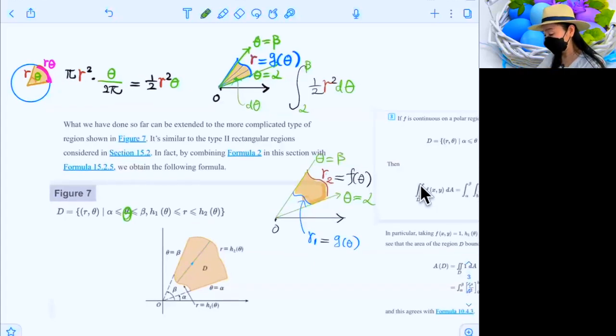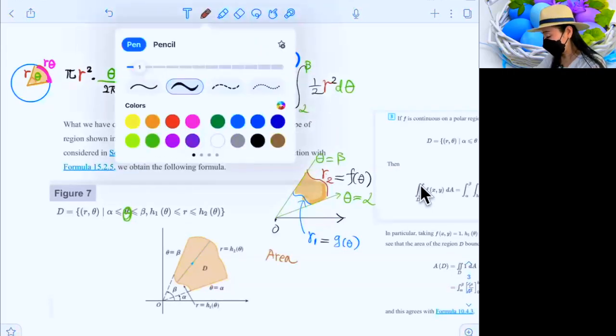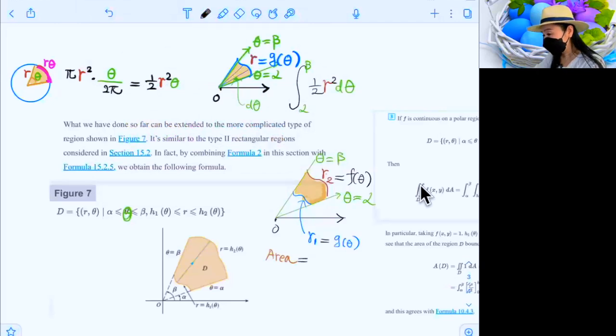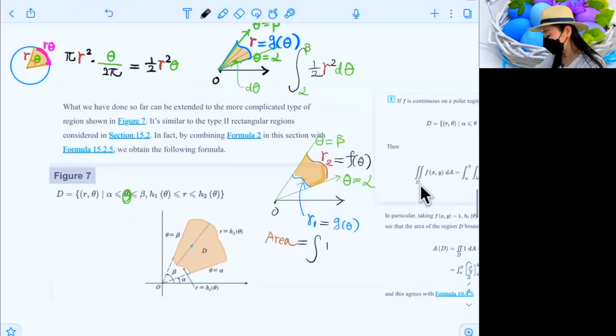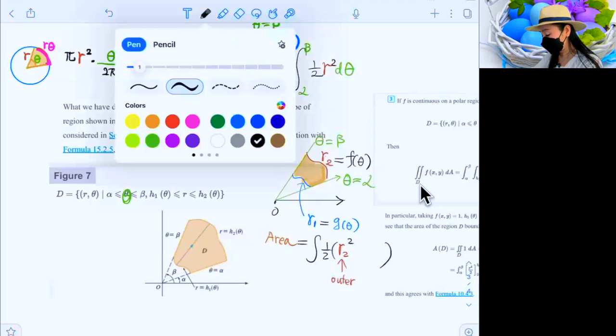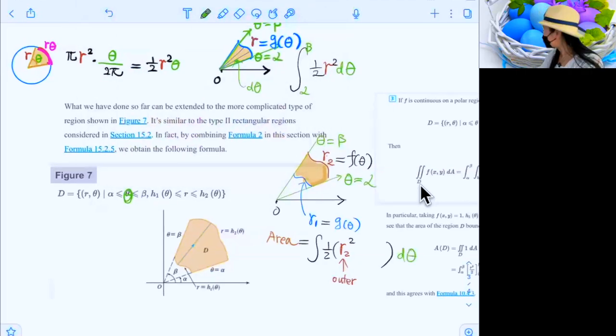Let's write that down. The area is equal to the integral. Both of them have 1/2. The outer one is R2, or you can put O for outer, and you square that, with d theta. This corresponds to the area of the big sector.